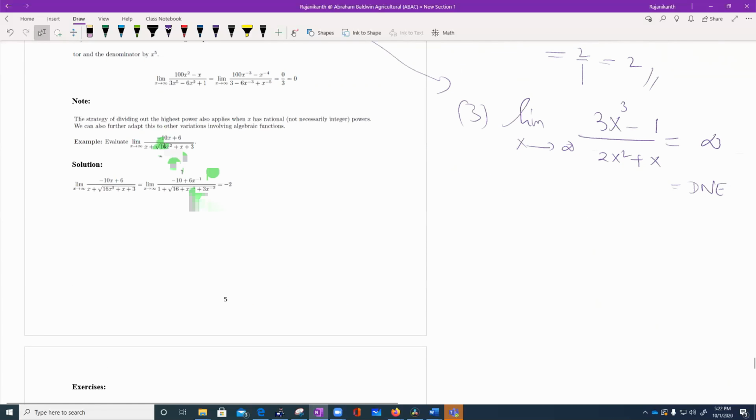What will happen if you are given a square root? Of course, now if you have a square root, we will be in trouble. So now tell me, what is the degree of the denominator now? Isn't it 1?